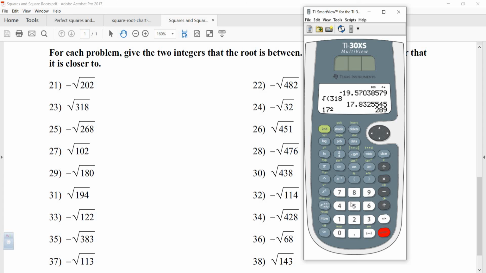That's smaller than 318, right? If I do 18 squared, I get 324, which is bigger. So 318, because it's between these two integers, the square root is between 17 and 18, but it's closer to this one, right? 318 is closer to 324 than 289.